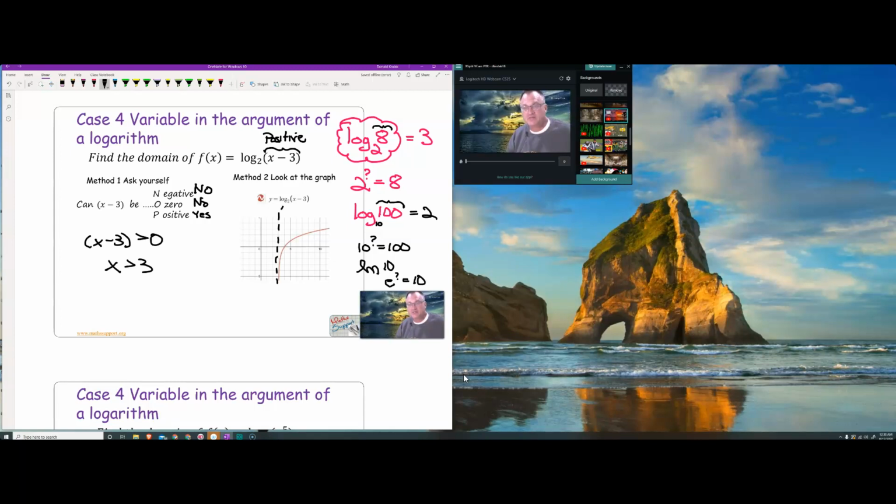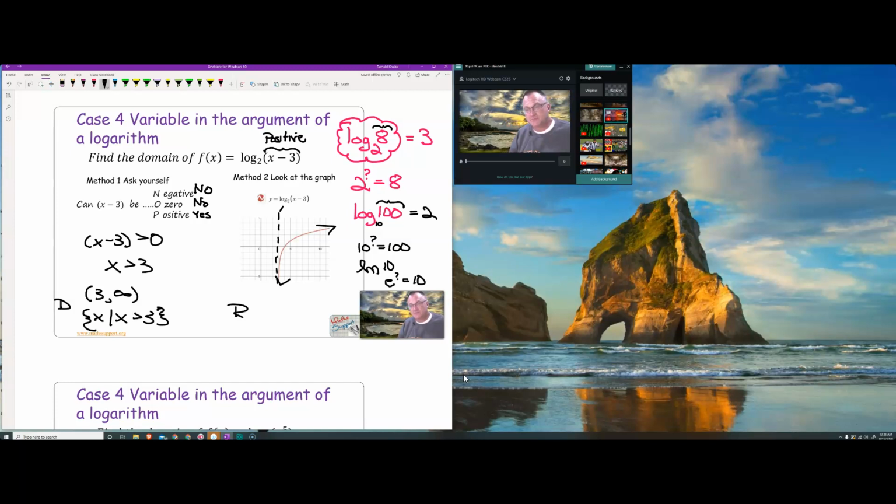It's all of the x values bigger than 3. So in interval notation, that would be 3 to infinity. In set builder notation, that would be the set of all x's such that x is greater than 3. And that's my domain. Okay, my range on this, I can see, is all real numbers.